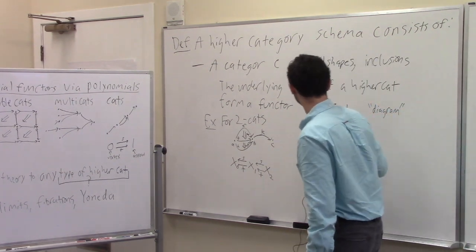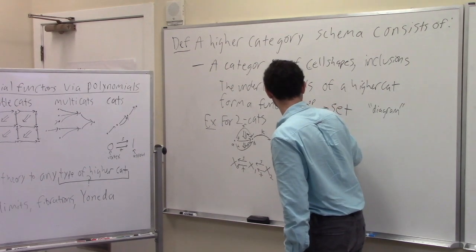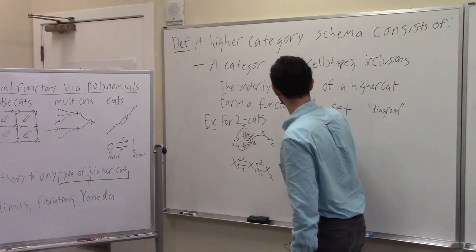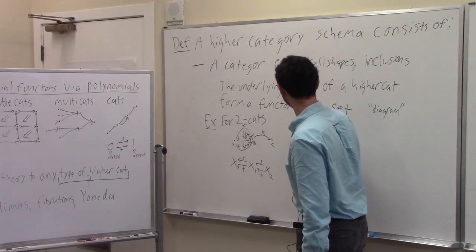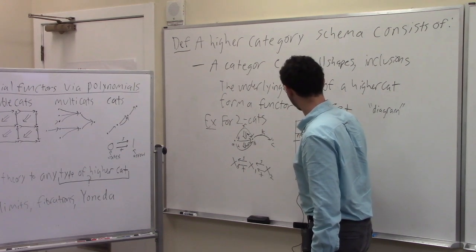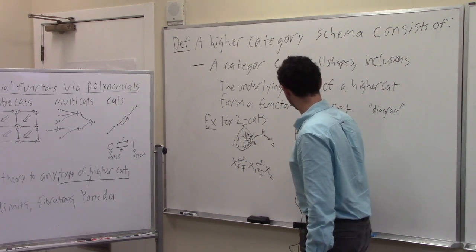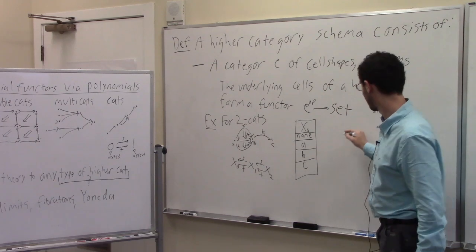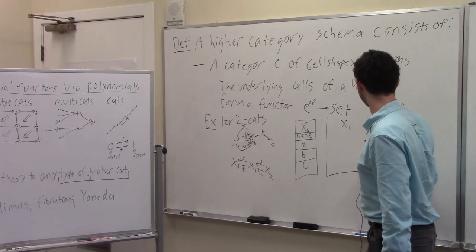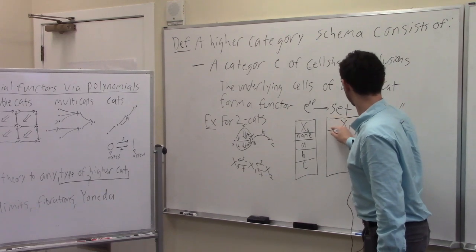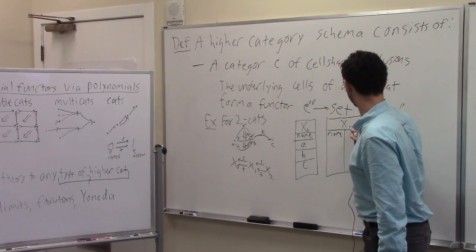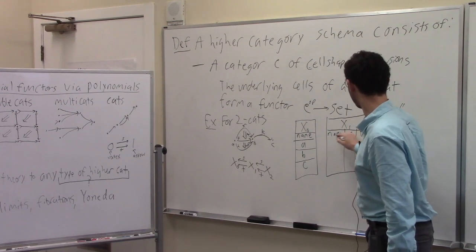So one way we might write this is as data tables. X0 is a table where all we need to show is the names of the objects. Those are A, B, and C. X1 is going to carry a bit more information, where our morphisms are going to have a name, a source, and a target.